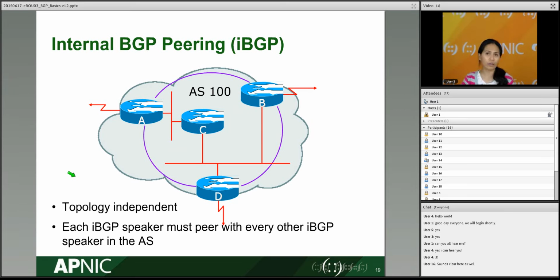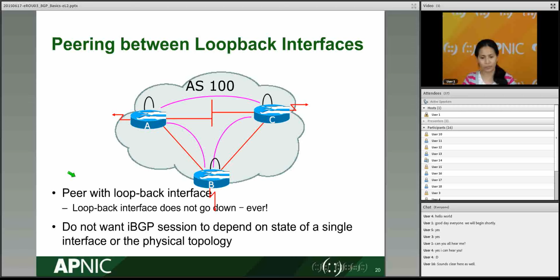Obviously, we can run it using the point-to-point links, but if you look at this diagram here, what happens when one interface goes down? The iBGP session between router B and router C, for example. Let's look at this other example. Routers A, B, and C are peering. They have iBGP sessions. This is done on the loopback interface.